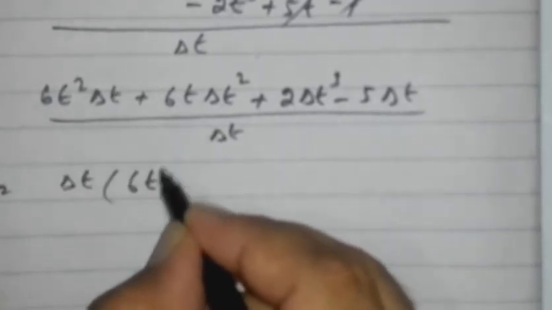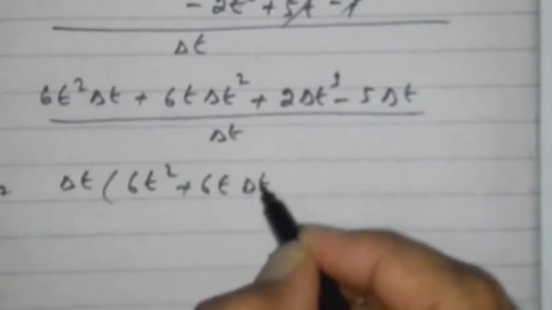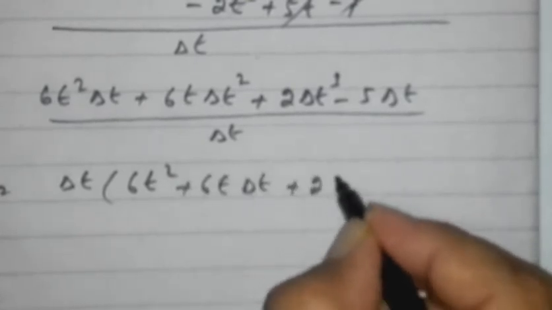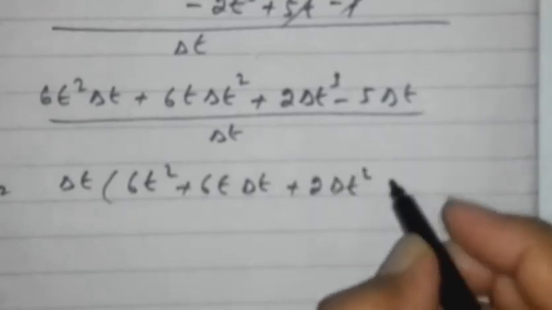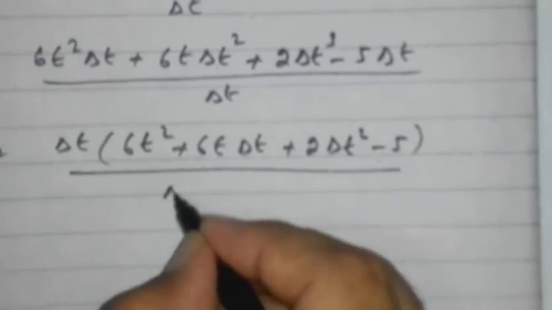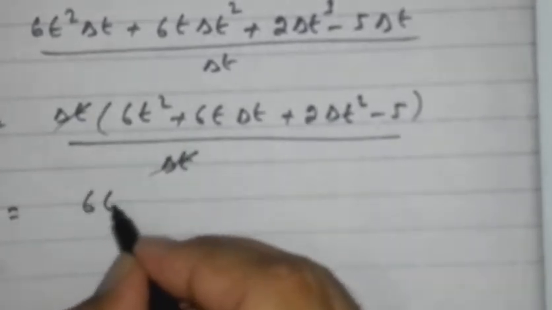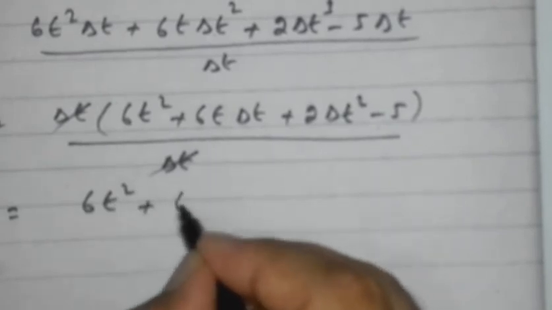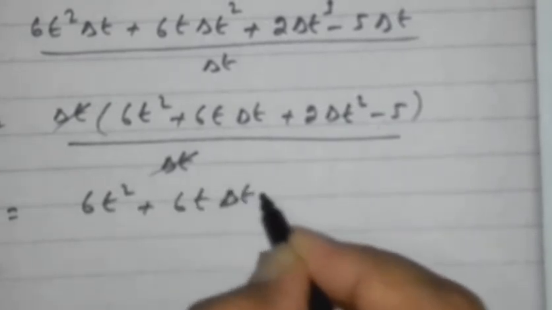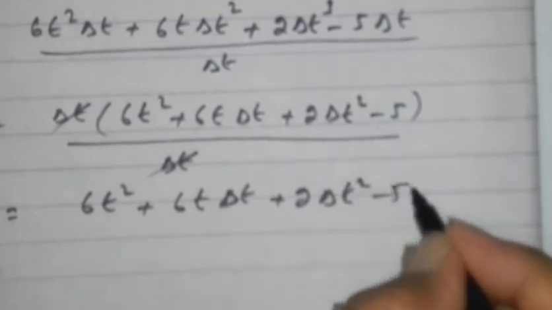We get 6t square plus 6t del t plus 2 del t square minus 5 divided by del t. Del t cancels with this. We get 6t square plus 6t del t plus 2 del t square minus 5.